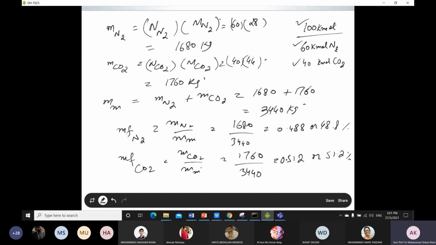Then you have to note it down and move towards the next part, which is the average molar mass of the mixture.